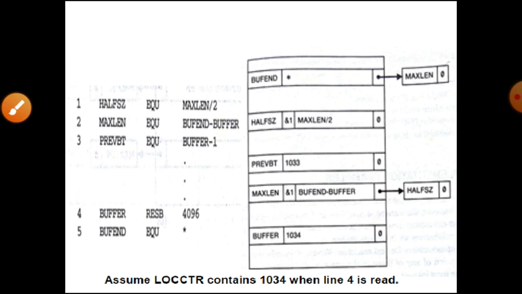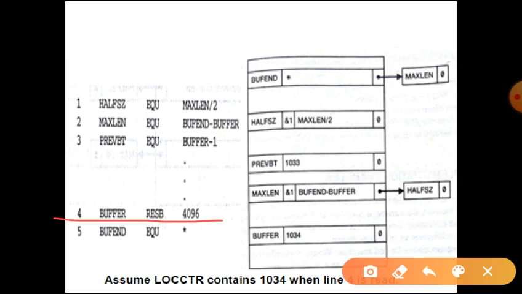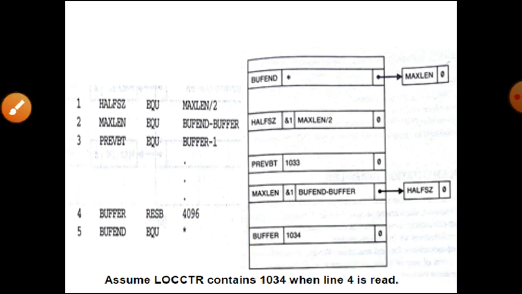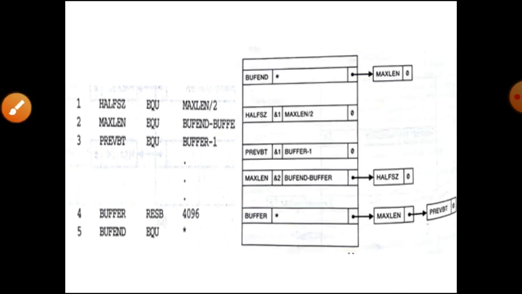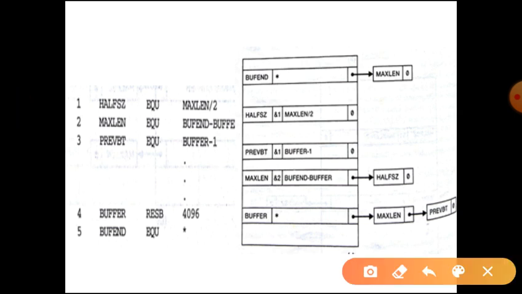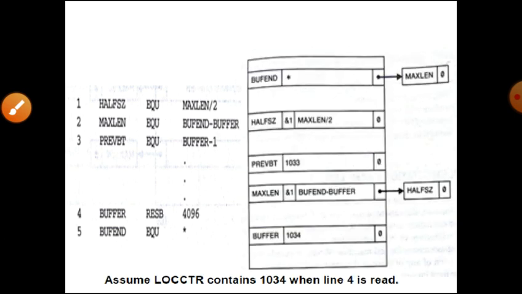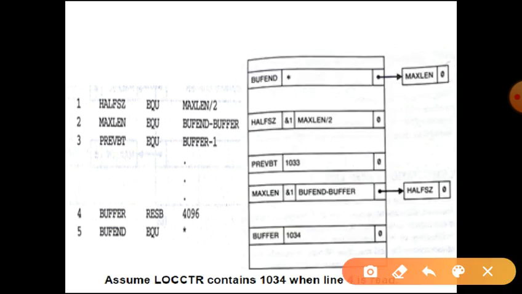Now continuing with the fourth line, 1034 is given, so the buffer value is 1034. You have now resolved the value of buffer, that is 1034, and you go back to the depending list containing max len and previous byte. Go to max len and previous byte and use this value of buffer, 1034, here.